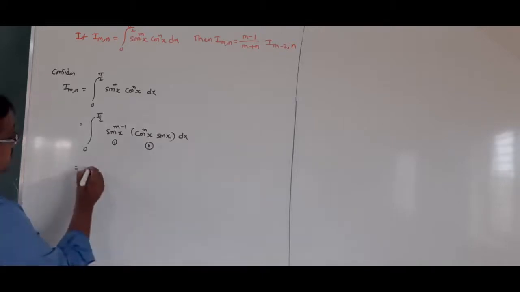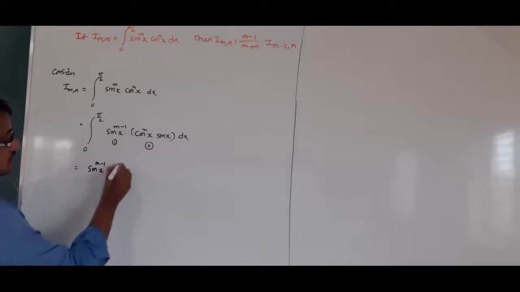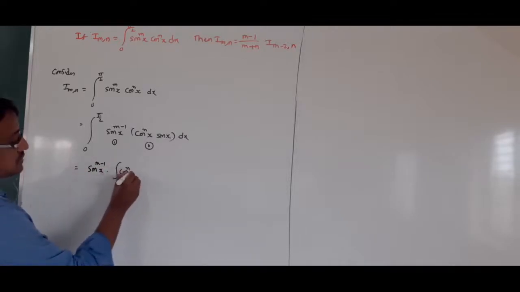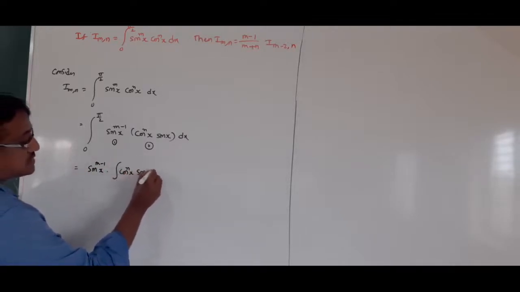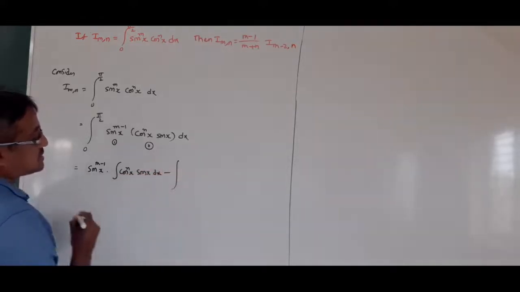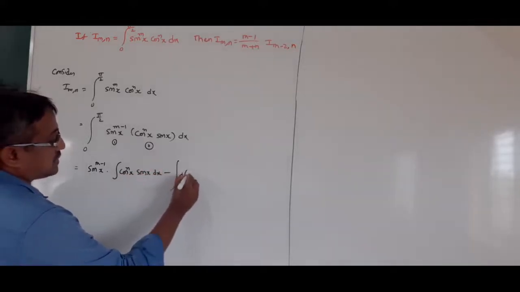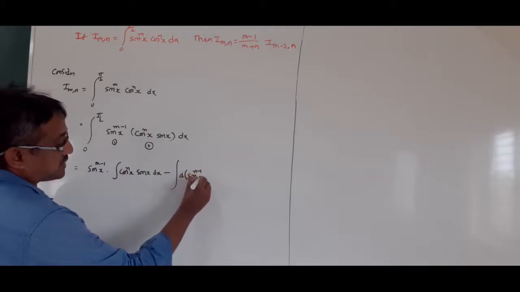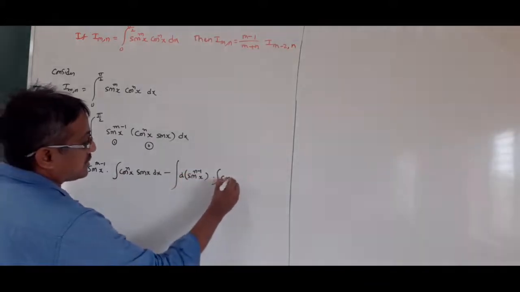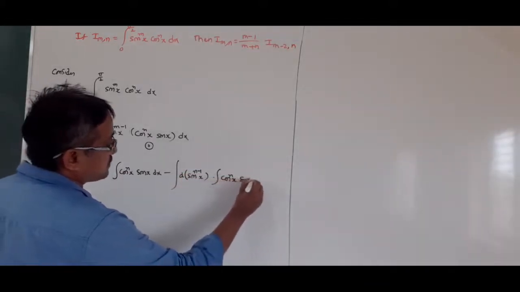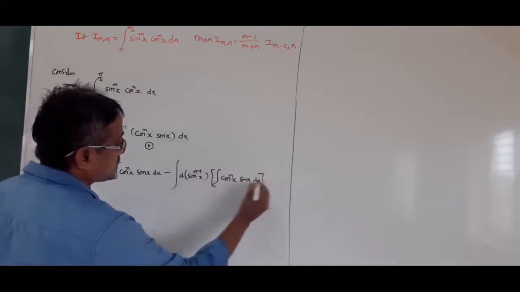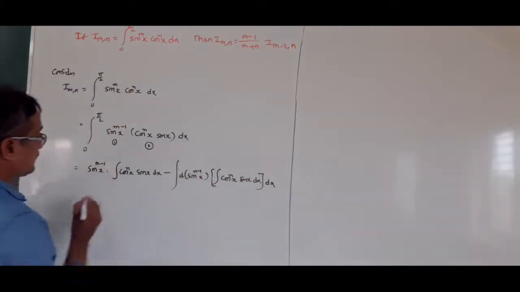So, sin power m minus 1 x into integral cos power n x into sin x dx minus integral derivative of sin power m minus 1 x into integral cos power n x into sin x dx with respect to x.